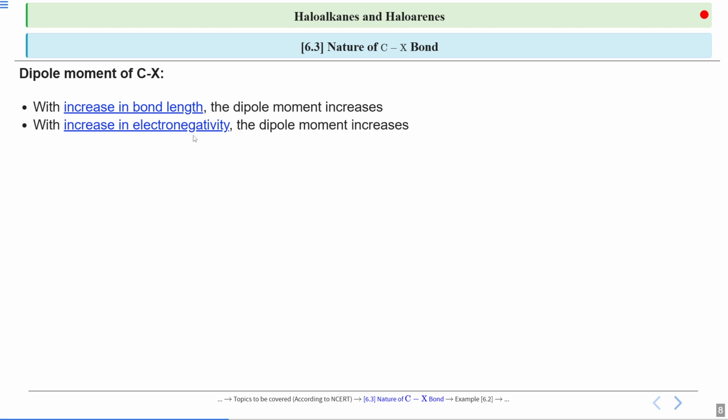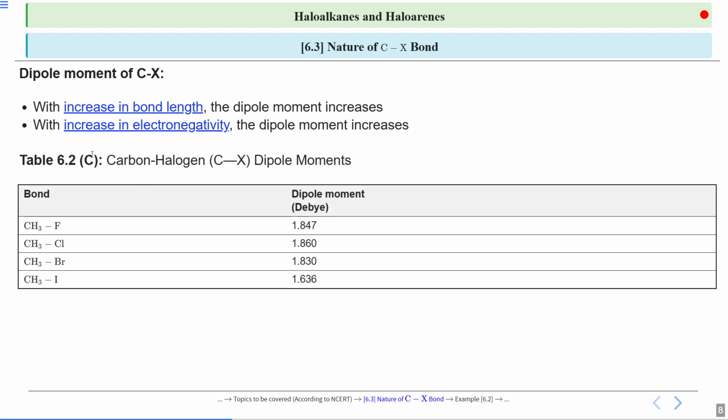High electronegativity means that the electrons will be pulled closer towards the more electronegative atom in a bond, right? Which creates a greater charge separation, and the charge will be larger, which means the dipole moment will be greater, because according to the formula Q times D, Q is higher, the charge is higher, so the dipole moment will increase. So electronegativity is the ability of pulling the electrons closer towards itself, and when the electrons are pulled closer towards the more electronegative atom, it creates a greater charge separation, due to which the dipole moment increases for this carbon halogen bond.